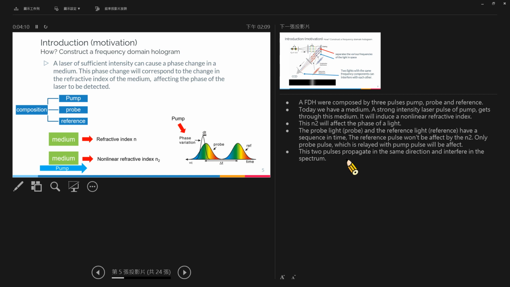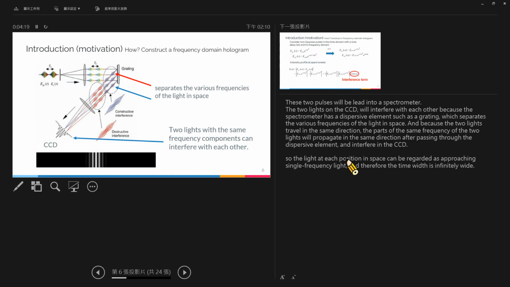At least two pulses will propagate in the same direction, and they will interfere in the spectrum. Such as I have two pulses, the probe pulse and the reference pulse. They will lead into a spectrometer, and eventually go to a CCD, and I can see the interference fringe at the CCD.